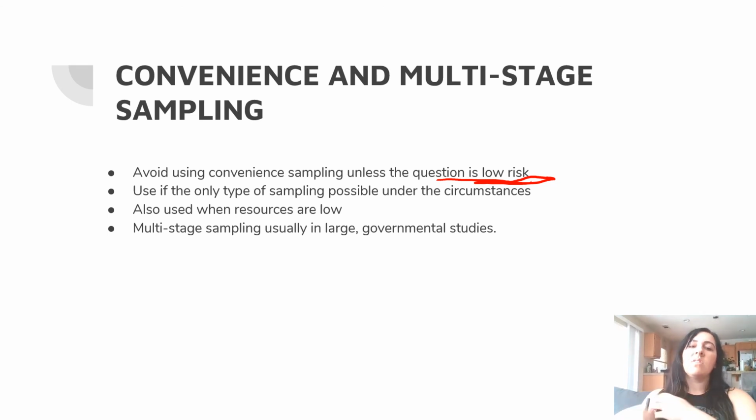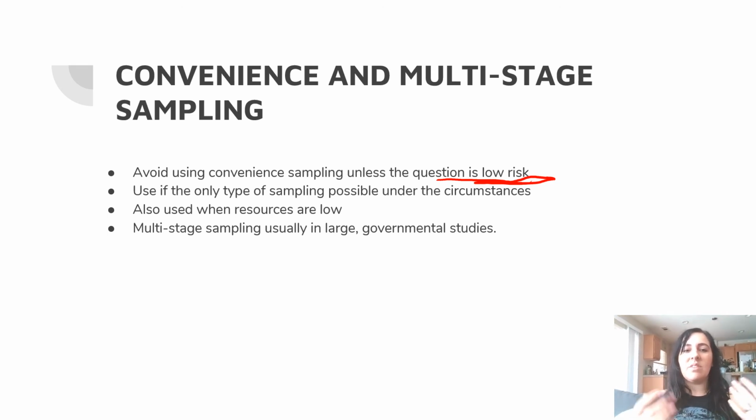And then multi-stage sampling. Multi-stage sampling is the type of sampling you want to do if you have a gigantic population to work with. Like in the previous example, if we were looking at the school situation for 2 different states, that's a lot of individuals within that huge population.